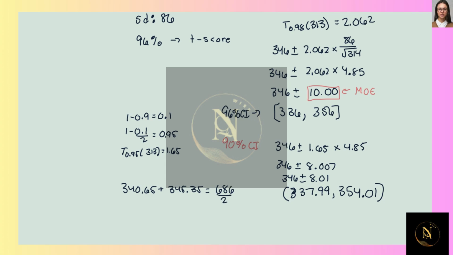I divided that by 2, and I got 343. And I took 343 and subtracted 340.65, and I got a margin of error of 2.35. And that would be the margin of error.